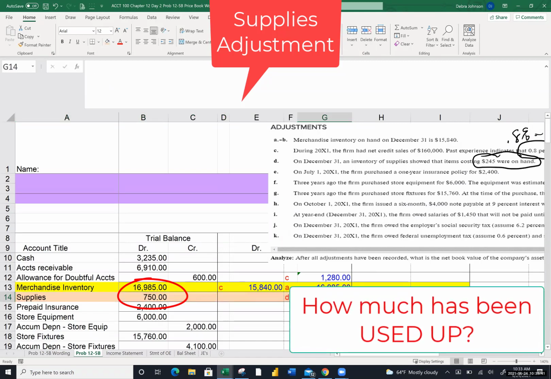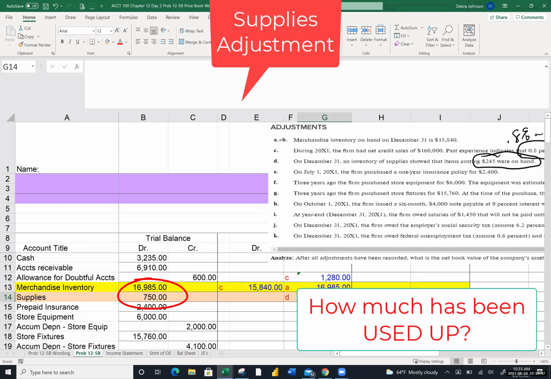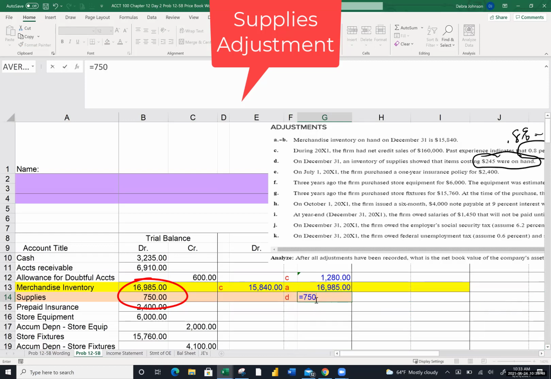And remember, he'll go back and forth, so you got to read carefully. He's telling us 245 is on hand. So on your calculator, 750 is what's in there now, and we should have 245 on hand. So press enter. And I got $505 used up.